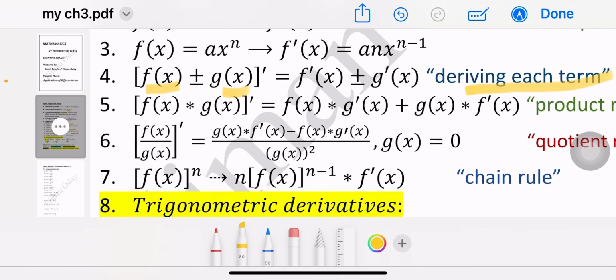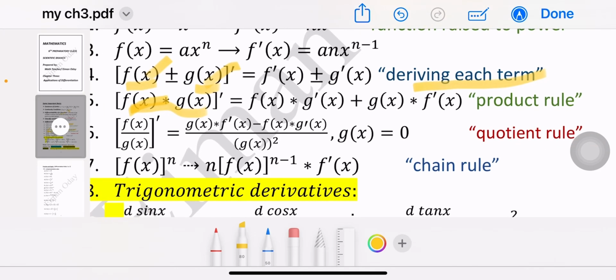And if we have a product, they are one term, so it's different from being separated. So the product rule is: first by derivative of second plus second by derivative of first.